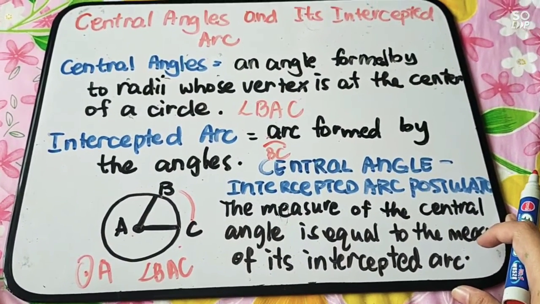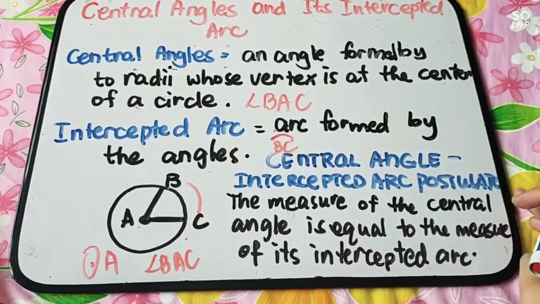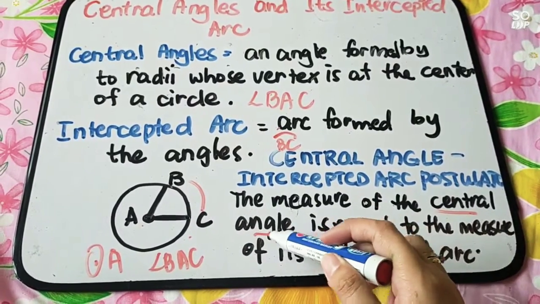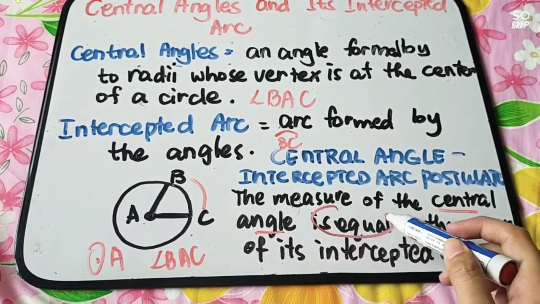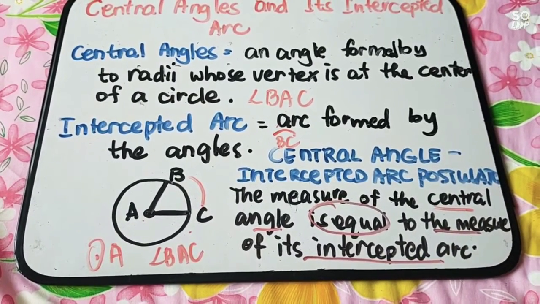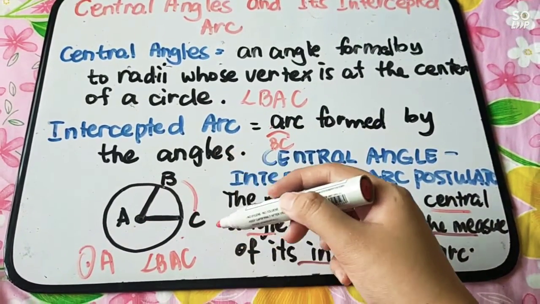Next, we have what you call the central angle intercepted arc postulate. This postulate says that the measure of the central angle is equal to the measure of its intercepted arc. Let us have the measure of BAC.